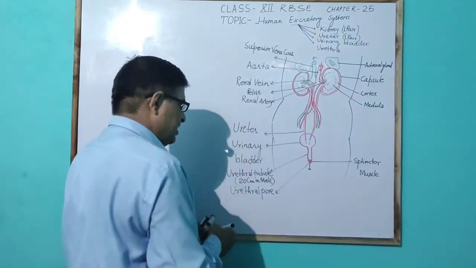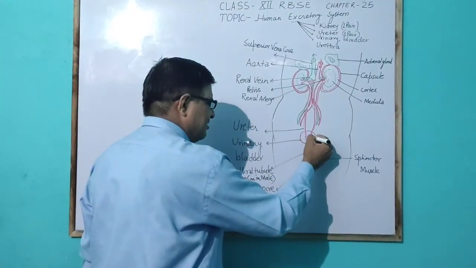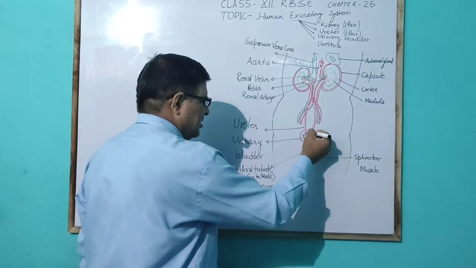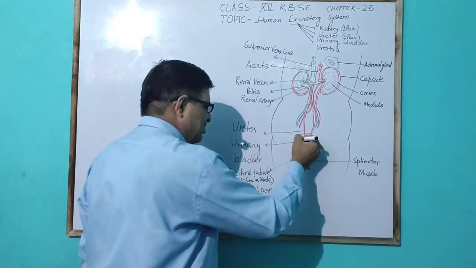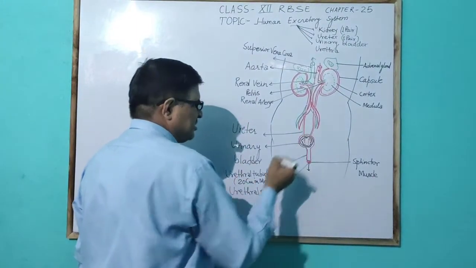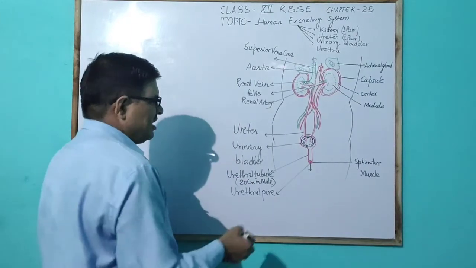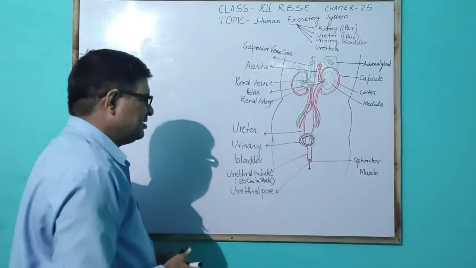This urinary bladder generally has an inner mucous epithelium, and outside to this is the striated muscle, which is surrounded by one layer. So the urinary bladder has 3 layers.